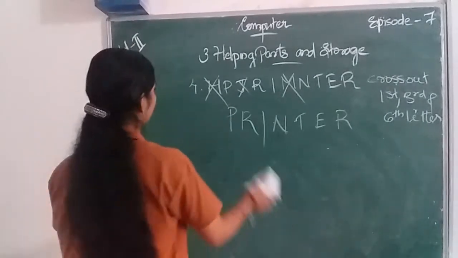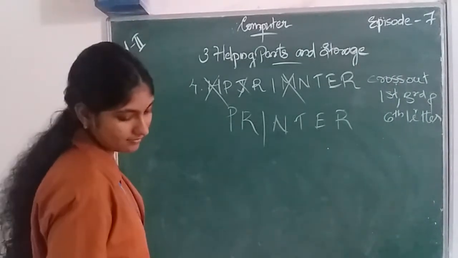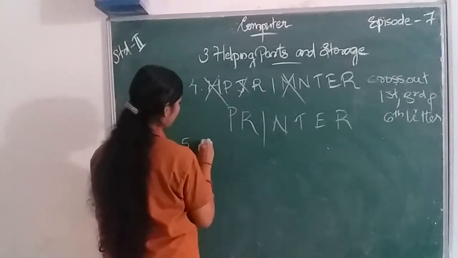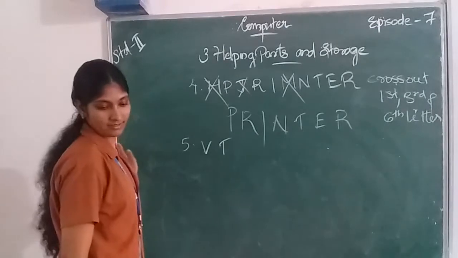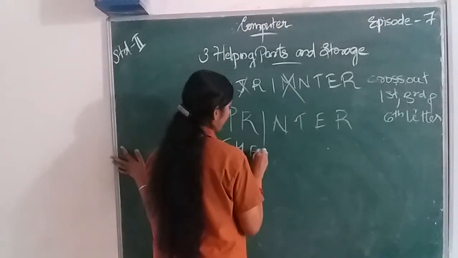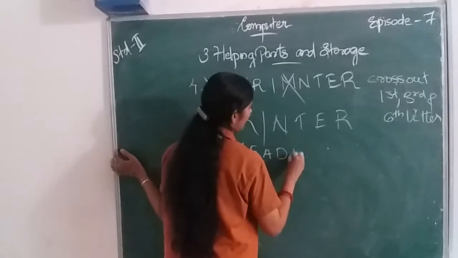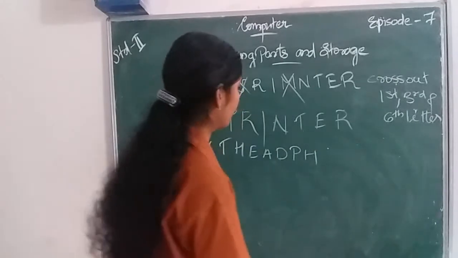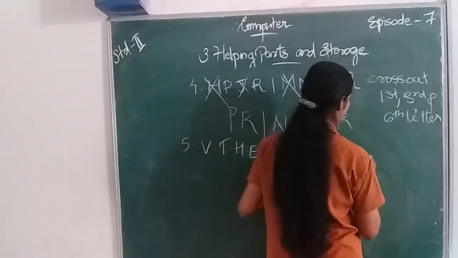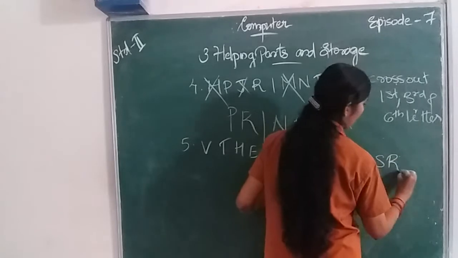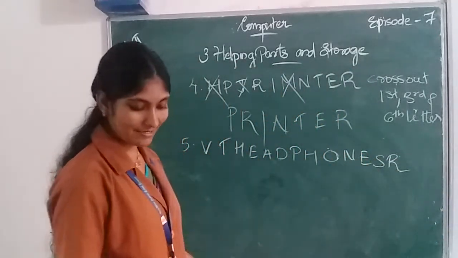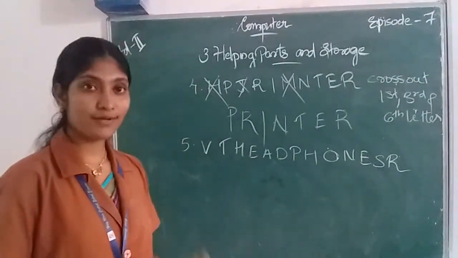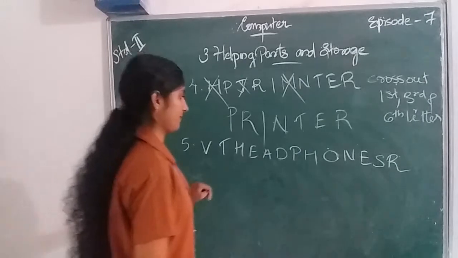Then, fifth question. V T H E A D P H O N E S R. So here, cross out the first two and last letter.